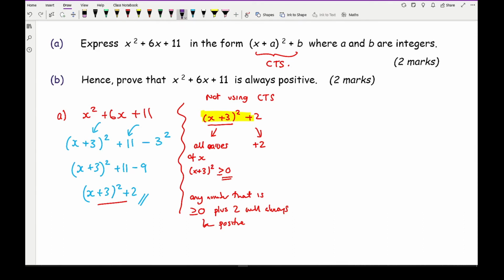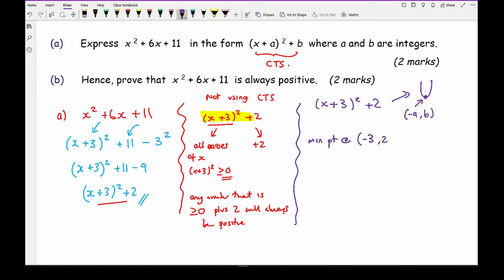Now, if you've got knowledge of completing the square and you're aware of how to find minimum and maximum points, when we write (x plus 3) squared plus 2, it's going to form a U shape. It's like a positive parabola. From this, we can work out this coordinate using minus a, b. As it's in this form, we're going to have a minimum point at minus 3, 2.